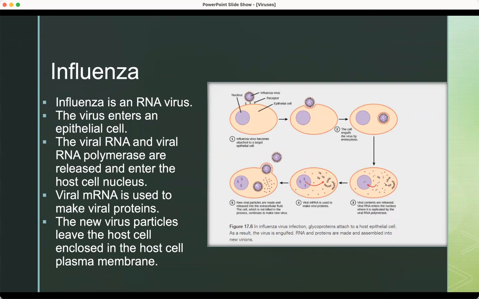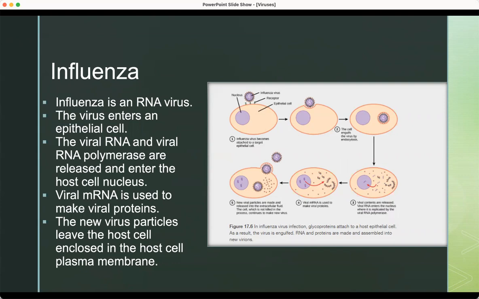So the virus enters the host epithelial cell. Now, once it enters the host cell, the viral RNA and what we call RNA polymerase are released into the host cell and enter the nucleus.